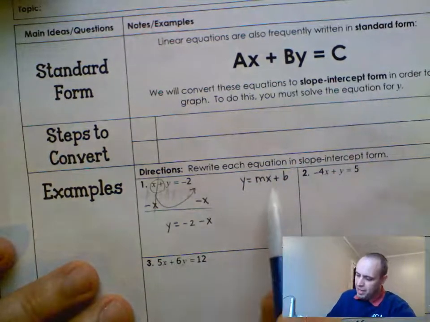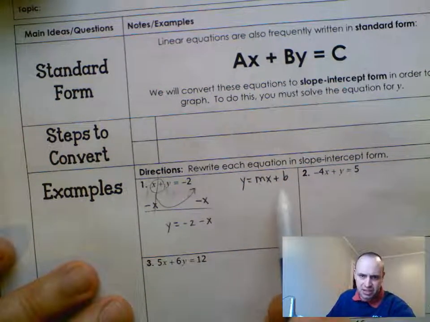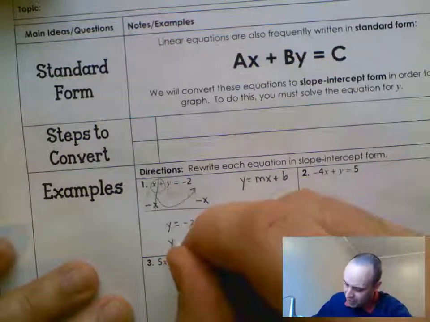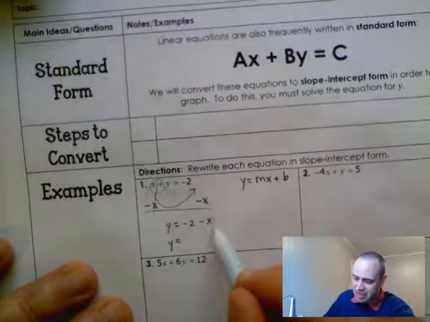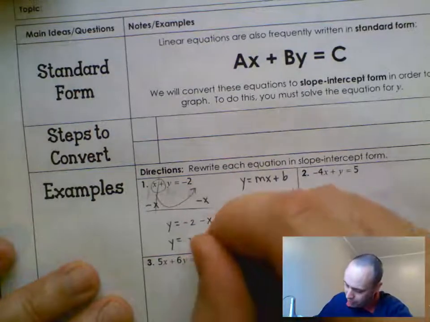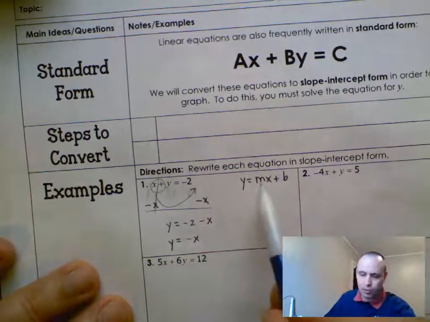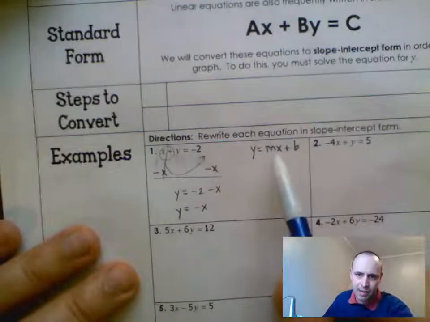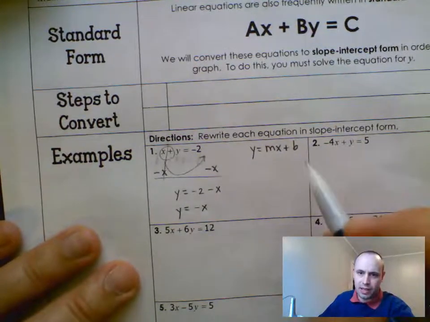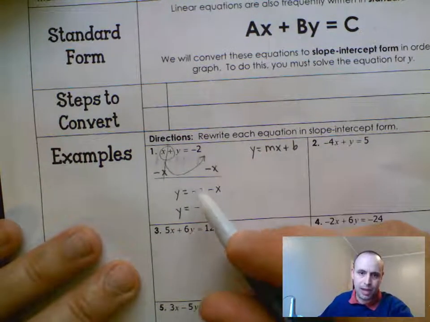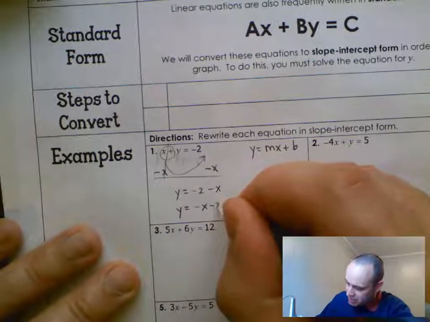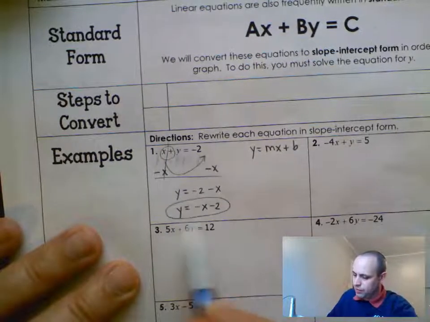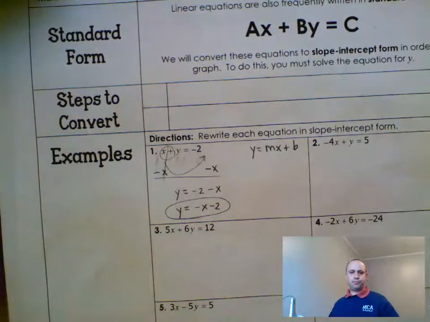But I want it in the form mx plus b, so I'm going to take this -x and put it in the front so that it lines up with y equals mx plus b. The plus b will be this -2. So it's going to say y equals -x minus 2. That's your answer, number 1.